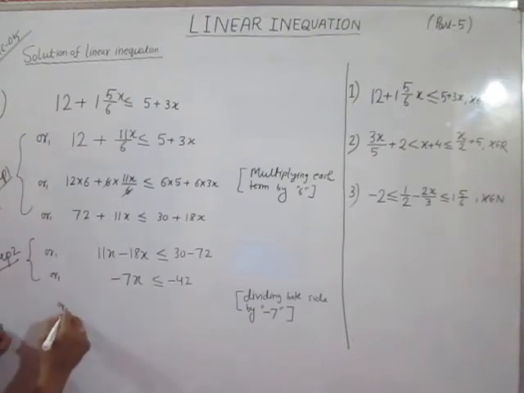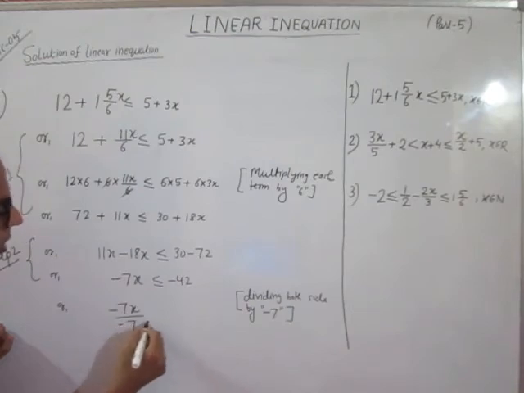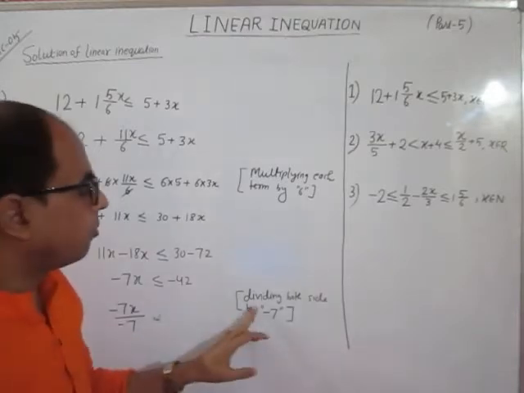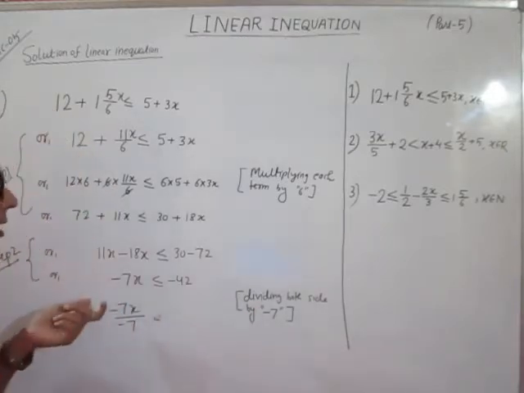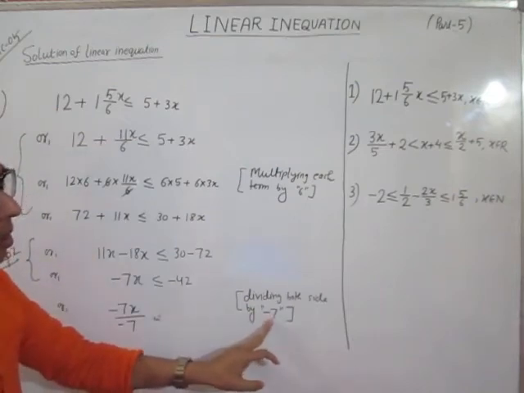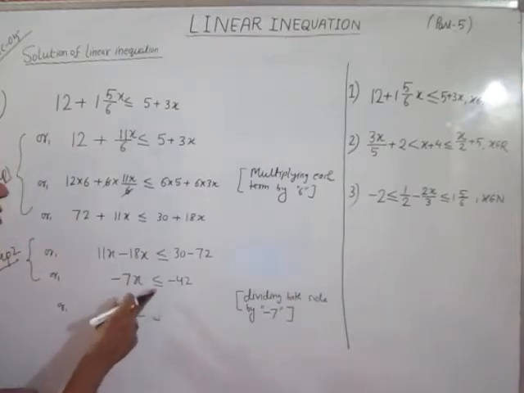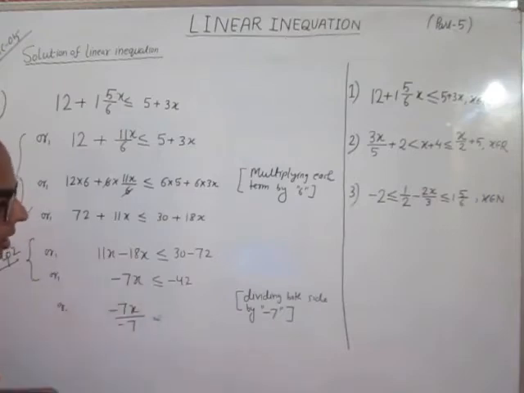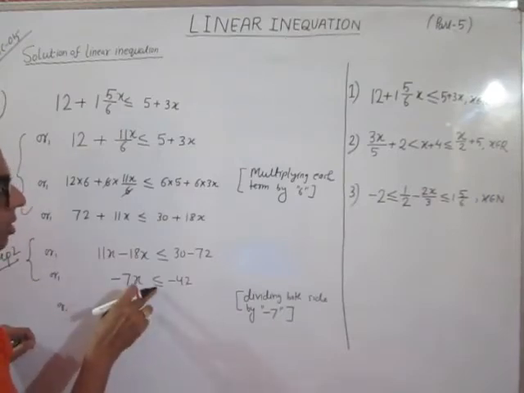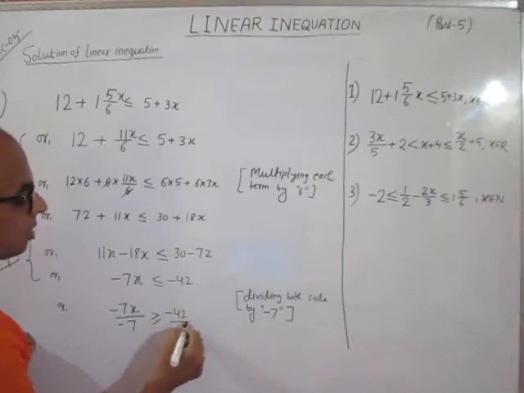So it will be minus 7x by minus 7 less than or equal to. According to the rule, when both sides of an inequality are divided by a negative number, the sign of inequality reverses. It means this less than or equal to will become greater than or equal to, and here minus 42 by minus 7.